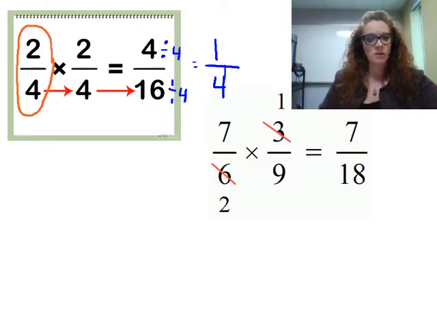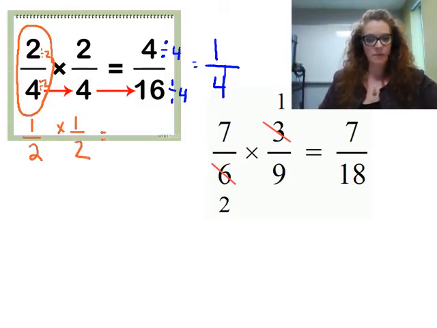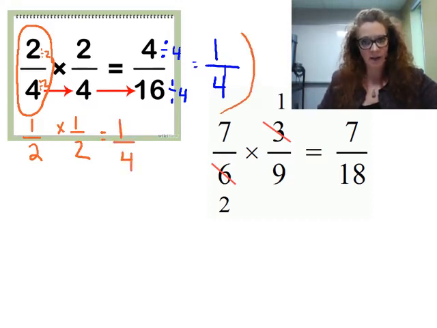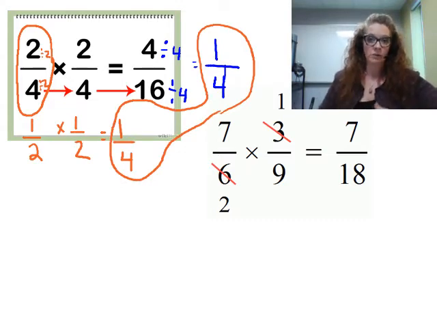So 2 quarters can be reduced to 1/2, right? Divide by 2, 1/2. So 1/2 times 1/2. Now multiply straight across, top by the top, that's 1, bottom by the bottom, that's 4, which is exactly what we got doing it the other way. It's just a little bit easier if you can reduce first.